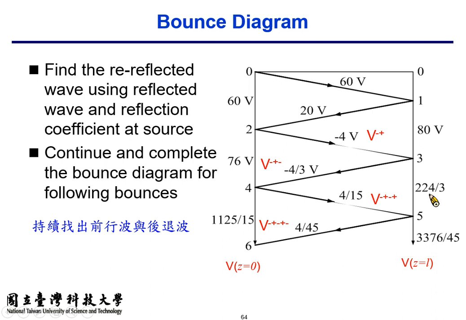That is about 70-something, since 80 minus 4 plus this term is a little less. Of course you can continue: the process can be continued to find the following V minus plus minus plus signal and V minus plus minus plus minus signal like this, and you can add them up to find the total signal. So you can continue on and on.